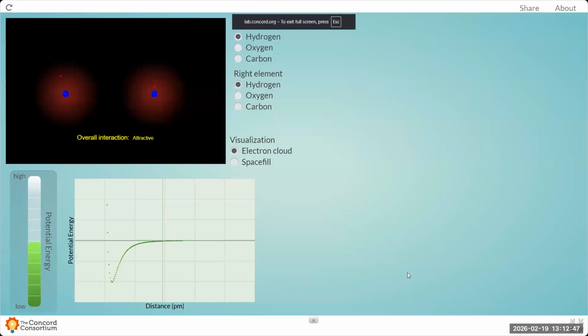Now, we can use this diagram. Can I increase the size of this? Maybe I can. I don't know how to go back there, but it's okay. Let's solve one problem at a time. Now we can use this curve to determine the bond length. How do we do that?